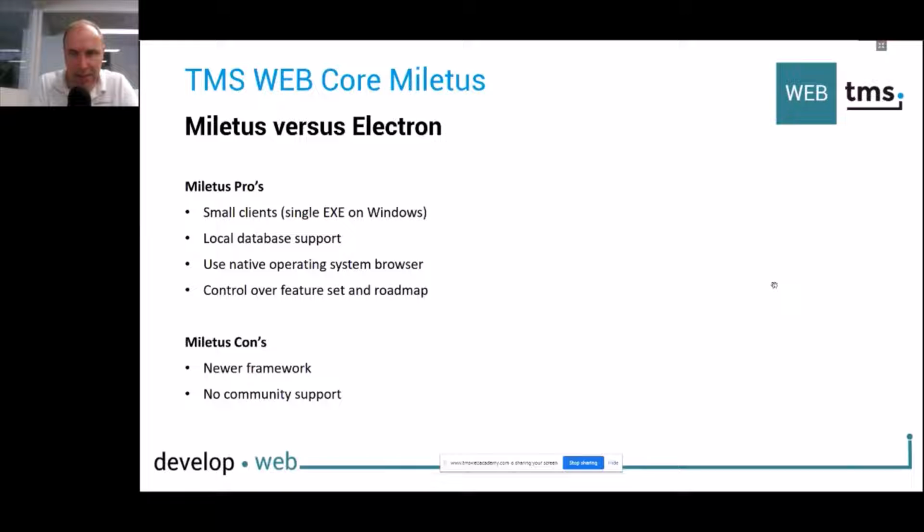Our team is on standby to address these ASAP. But the reality is that it's still a newer framework. And Electron is community supported. Here, our team takes care of the support. The community will be larger, of course, than our team.